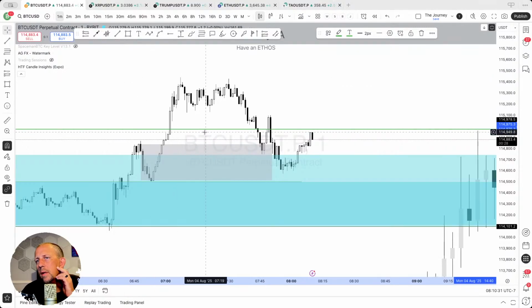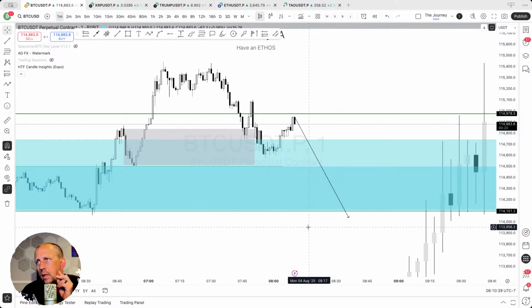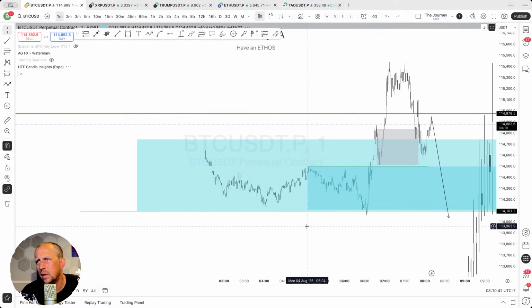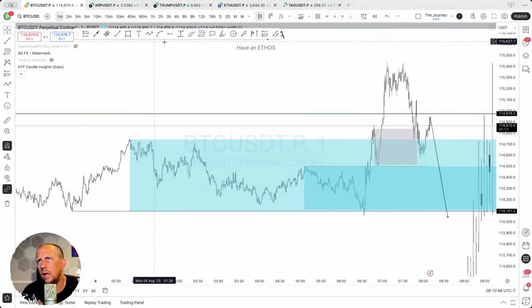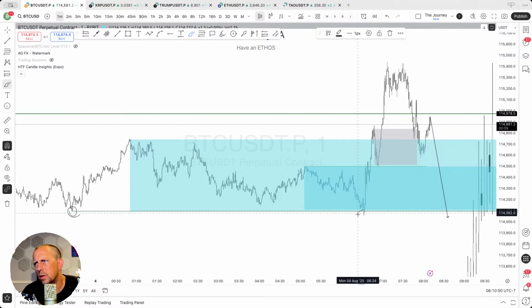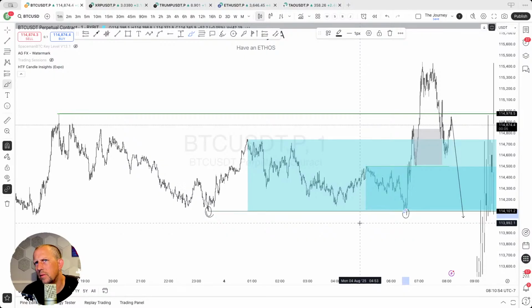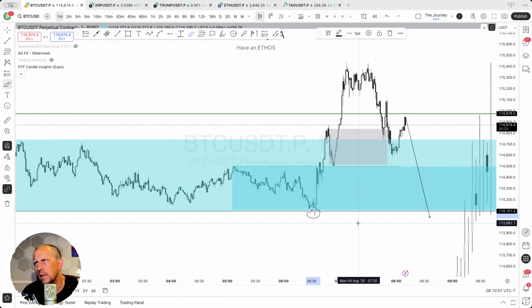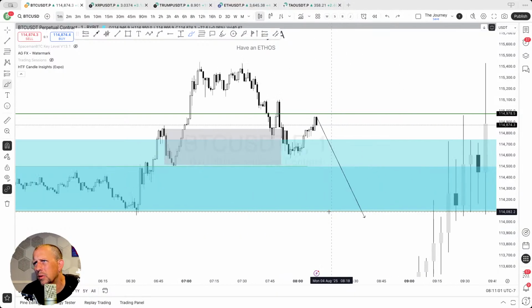It needs to go there from here. I would say that's a fairly low chance, because it's already purged this, and to come down and purge again, I just don't know if that's needed. I don't really see that on the table.